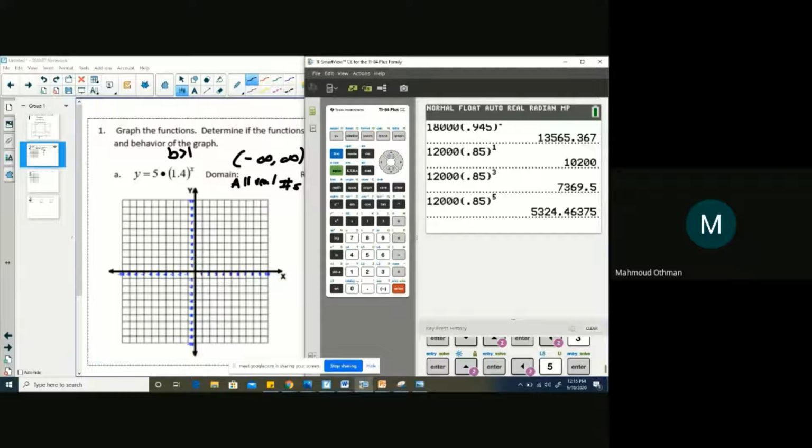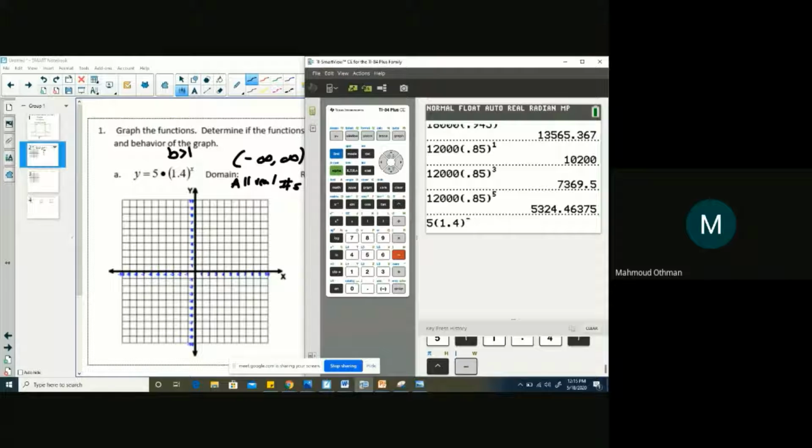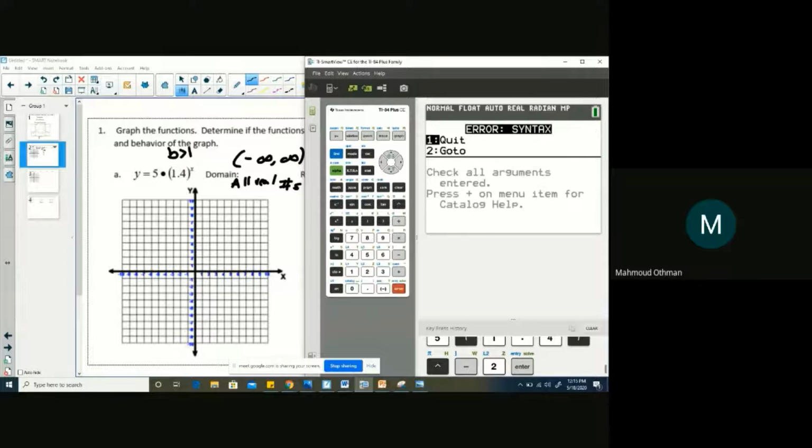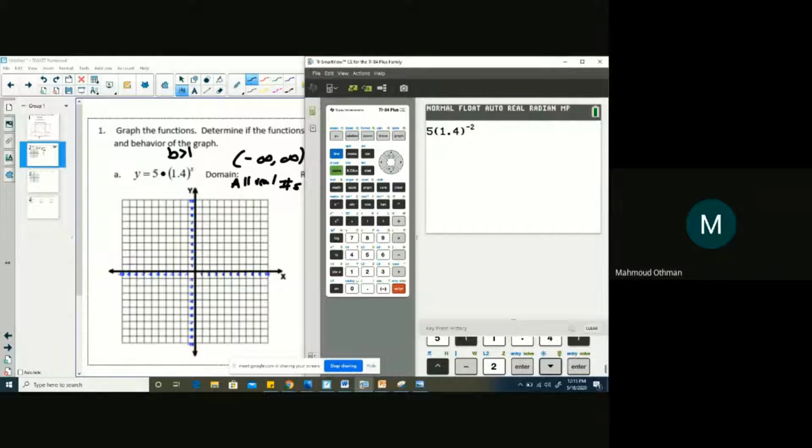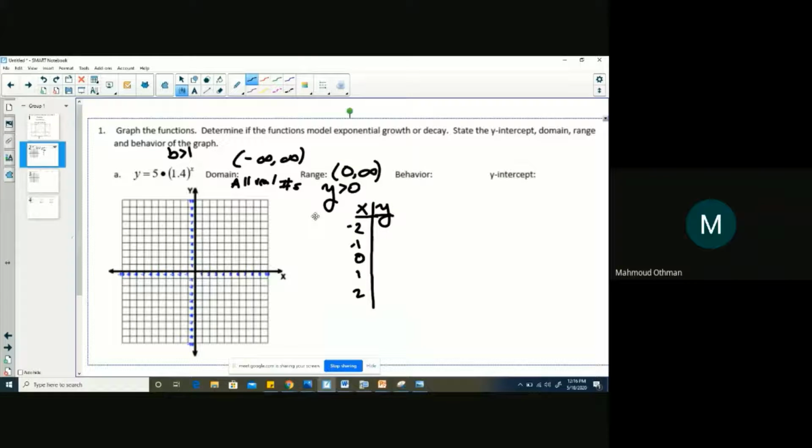We need our calculator. 5 times 1.4 to the -2. That's going to be 2.55.